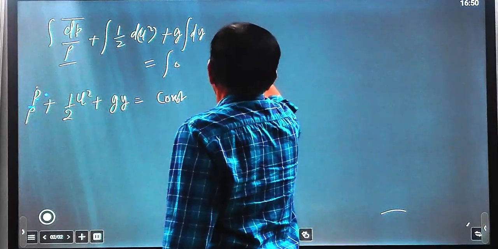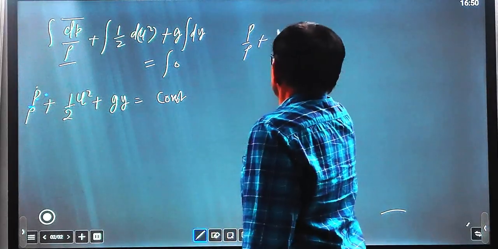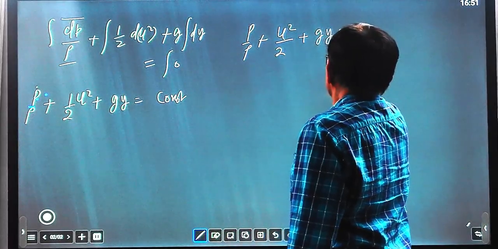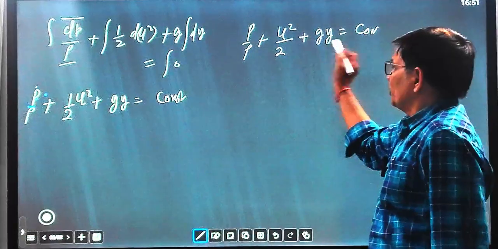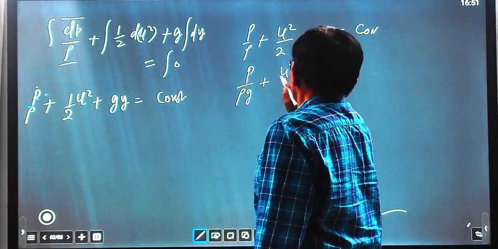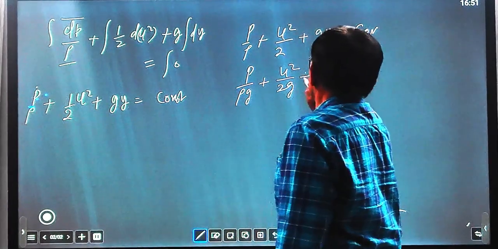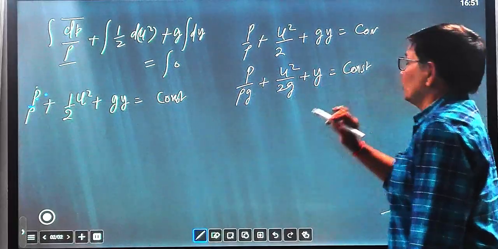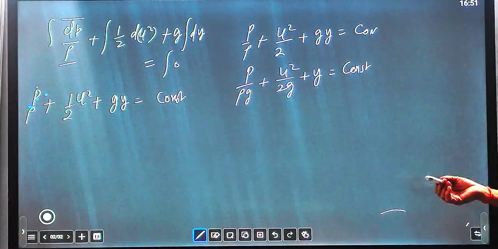We can further write here p upon rho plus u square upon 2 plus gy equals constant. Dividing the whole equation by g, p upon rho g plus u square upon 2g plus y equals again constant, because a constant divided by another constant remains constant.